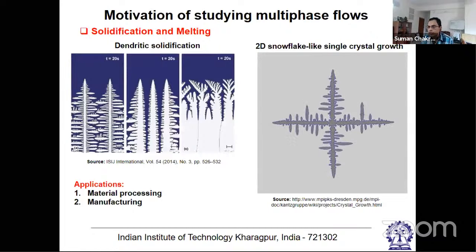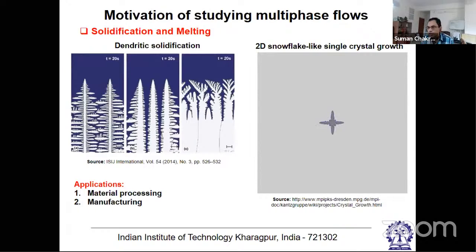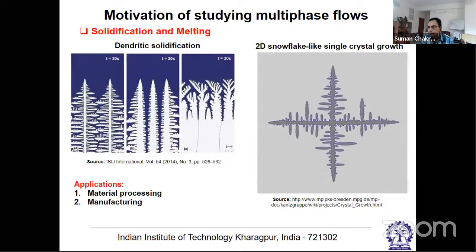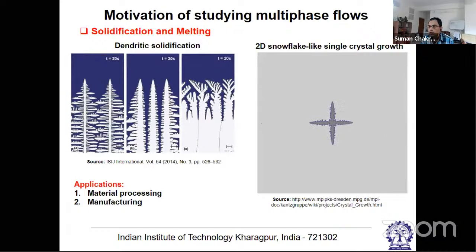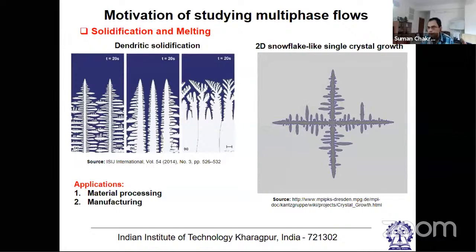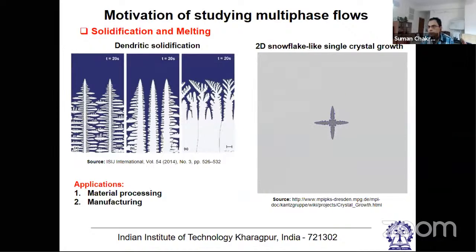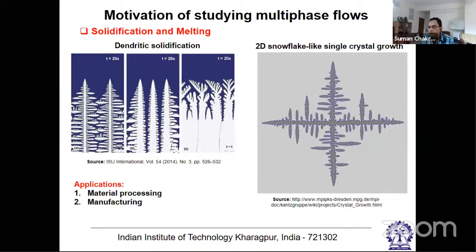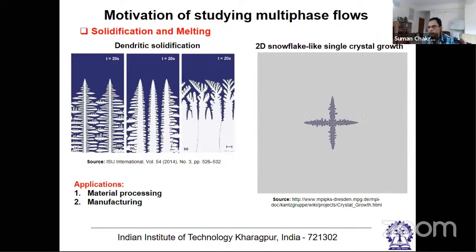The phase field model picked up its importance in numerical computations in the world of materials. In particular, in the context of fluid mechanics, heat transfer and mass transfer, it has been primarily associated with solidification and melting of materials, which is very much important in the manufacturing industry.